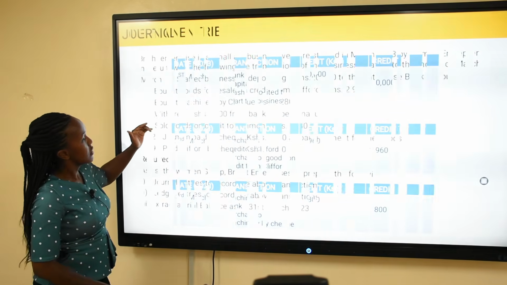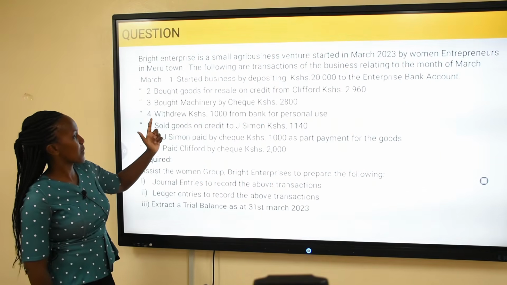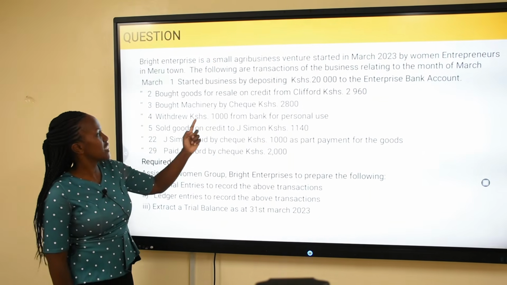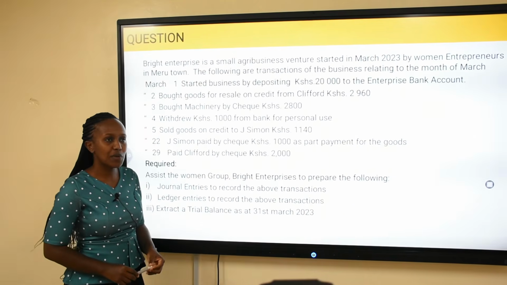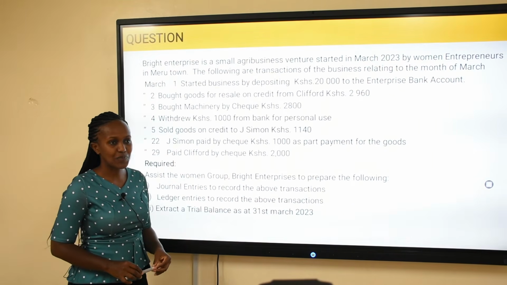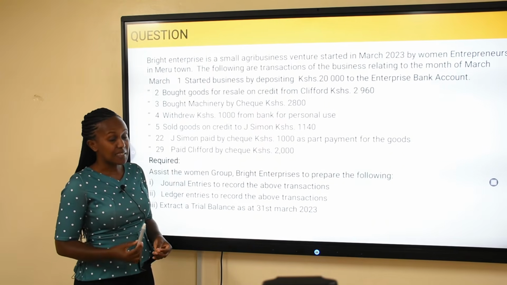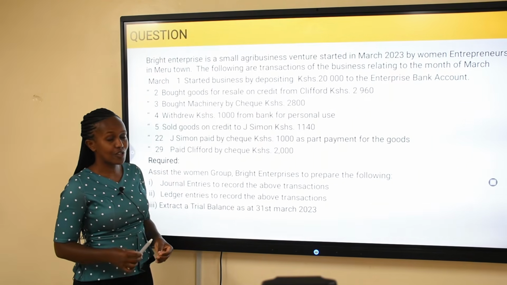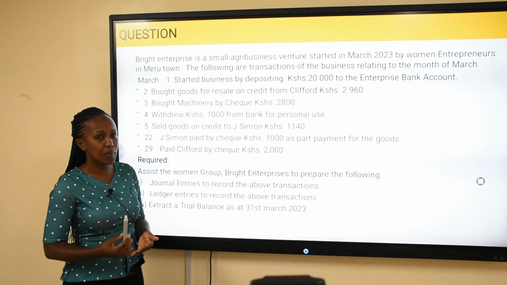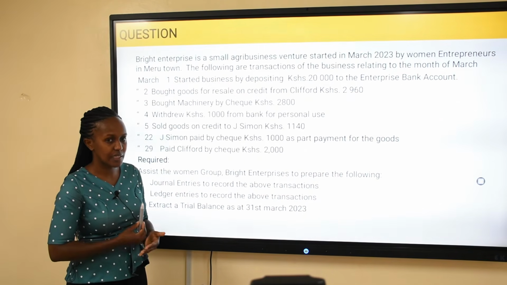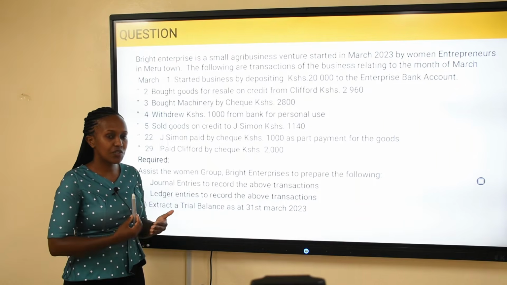transaction is on 4th. He withdrew shillings 1,000 from the bank for personal use. So here we are saying the proprietor has withdrawn some money for personal use. That money that is withdrawn for personal use, we call it a drawing, because you invested.